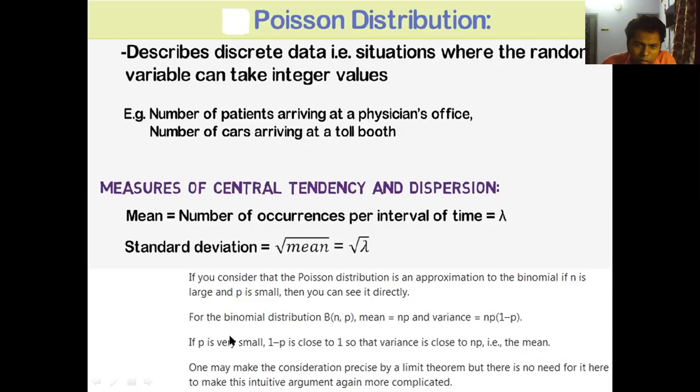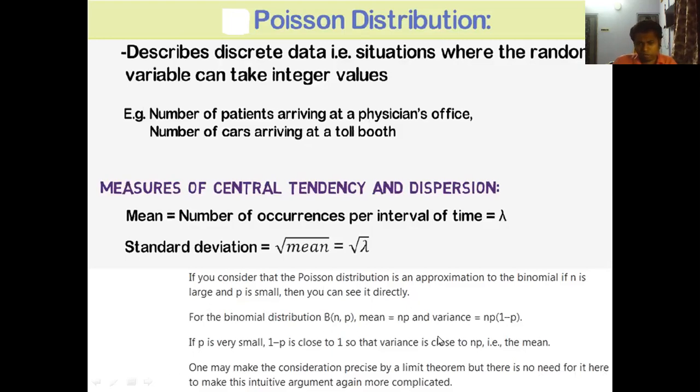Roughly speaking, we can say that, but if you want the mathematical proof behind it, one may make the consideration precise by a limit theorem, but there is no need for it.